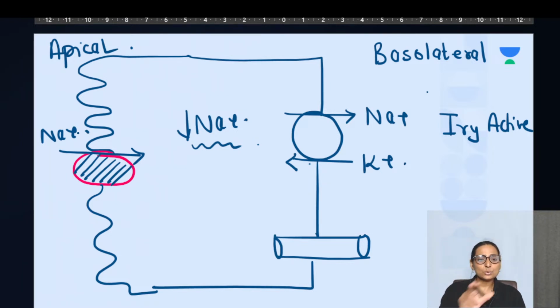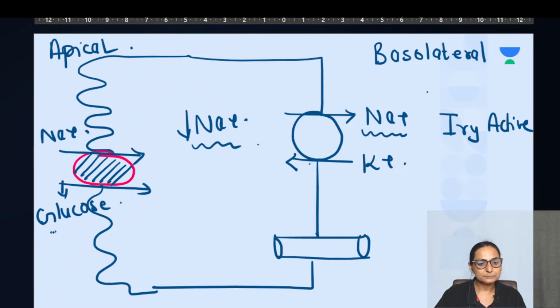Here the sodium is going down its concentration gradient because the sodium concentration inside the cell is less. Why less? Because the sodium is pumped out by the sodium potassium pump. So what will happen now? Glucose will bind here and complete the SGLT.